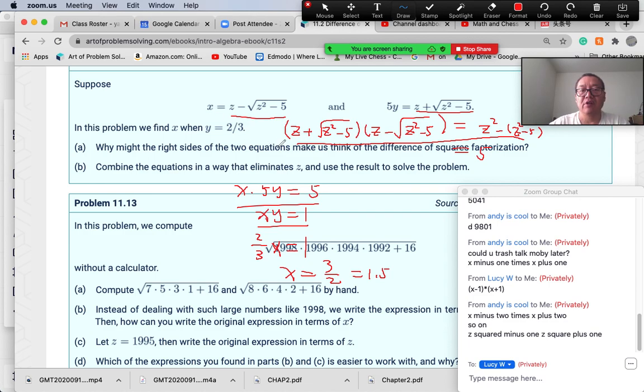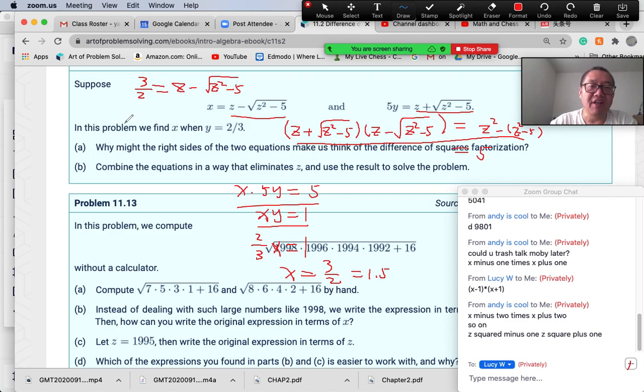Suppose we plug x equals 3/2 here. Then we can solve this equation to get z, because if x equals 3/2, then z minus the square root of z squared minus 5 equals 3/2.